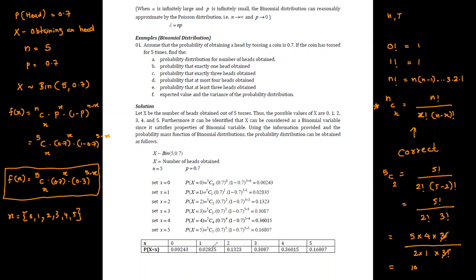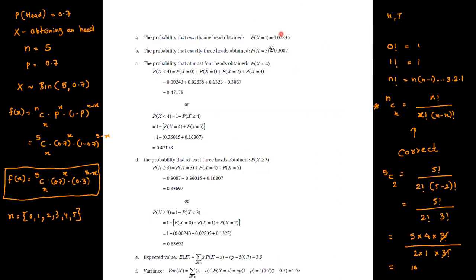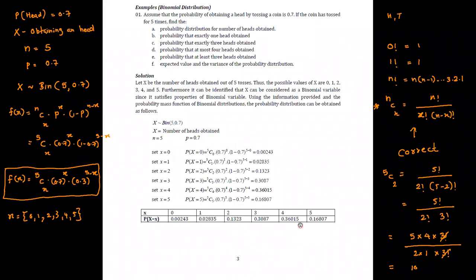Therefore, this is the probability of getting exactly 1 head. And for the next part, the probability that exactly 3 heads are obtained, we are getting x equals 3. The value is 0.3087. And I have directly obtained the answers for these two since I have obtained them in this system.